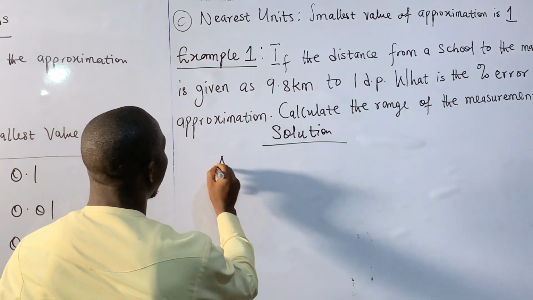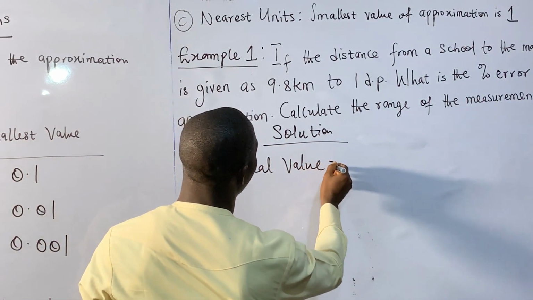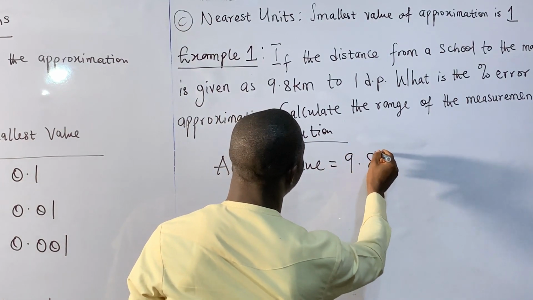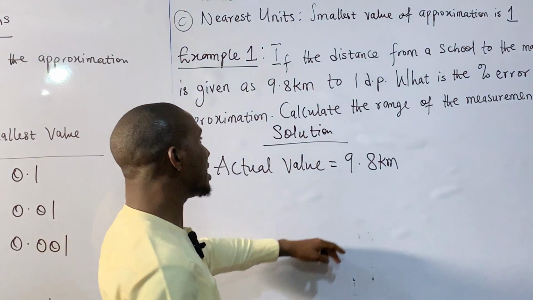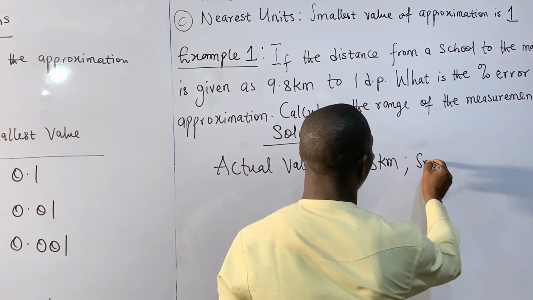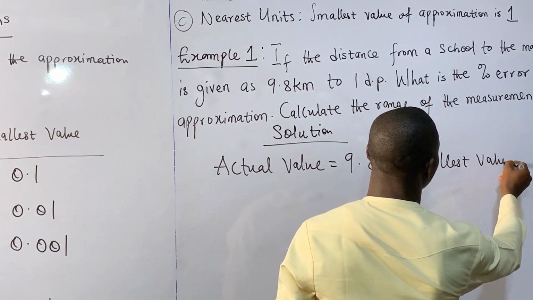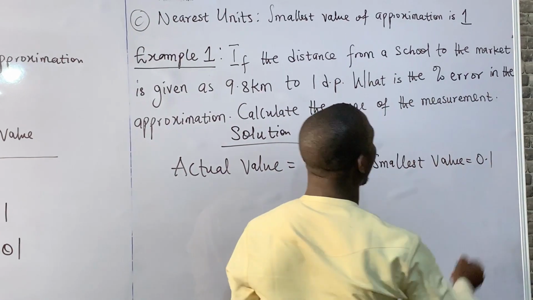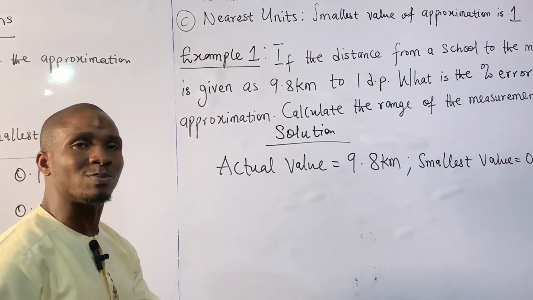Firstly, you need to know the actual value. The actual value given to us is 9.8 kilometers. Since it's to one decimal place, the smallest value is going to be 0.1.